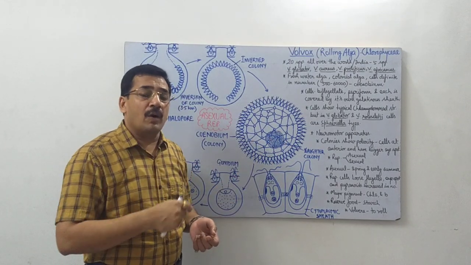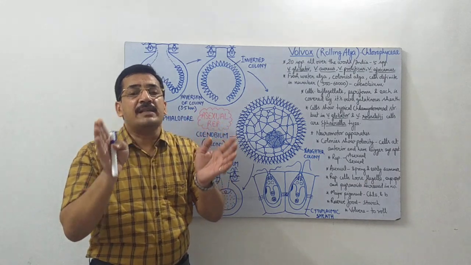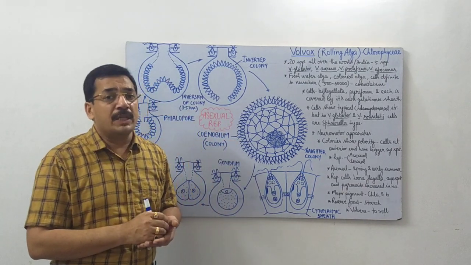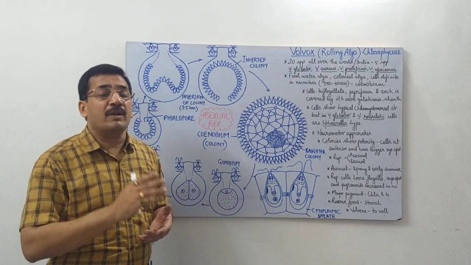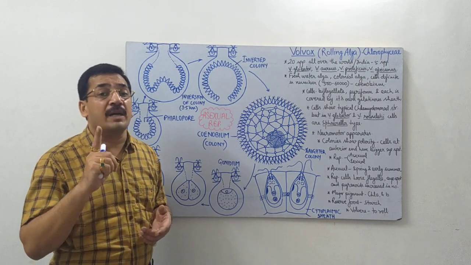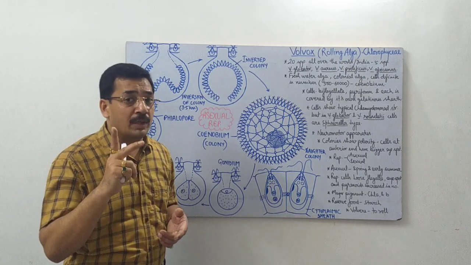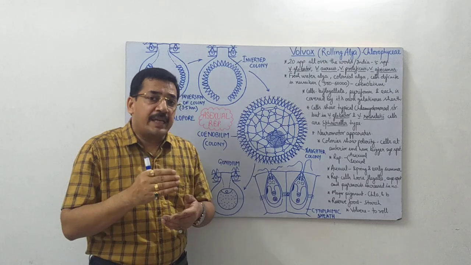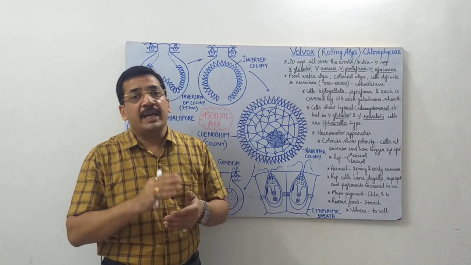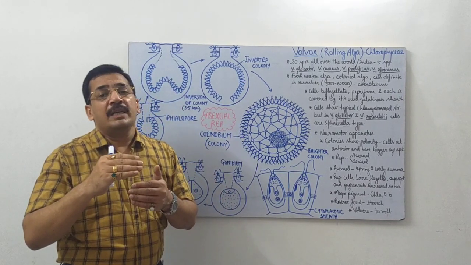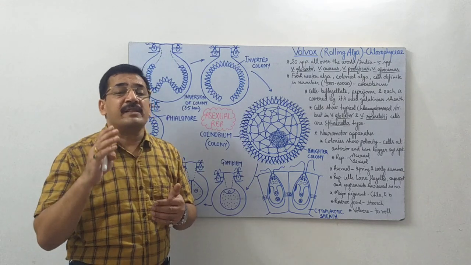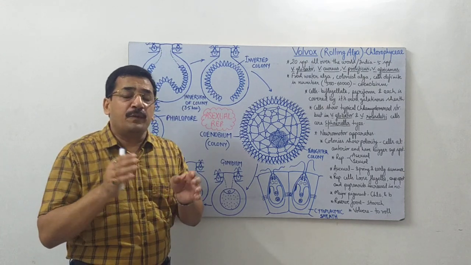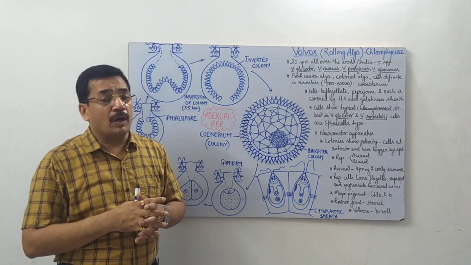So, in Volvox, the colony or thallus is called a coenobium, and here the number of cells is always a multiple of 2. The minimum number that has been reported is 500 and the maximum number is reported as 60,000 in different species of Volvox.